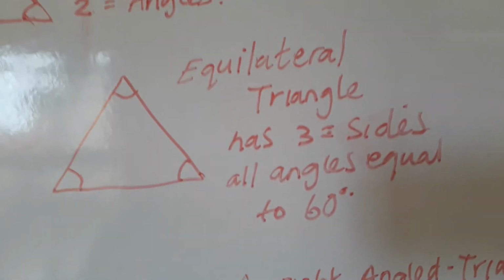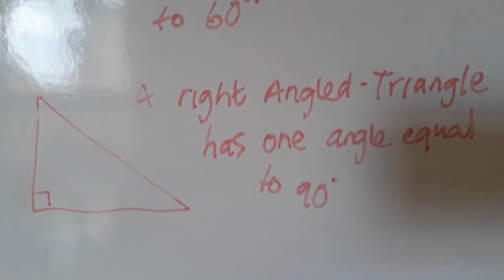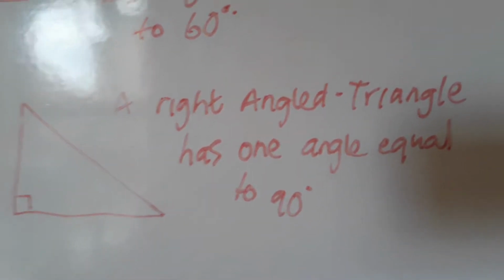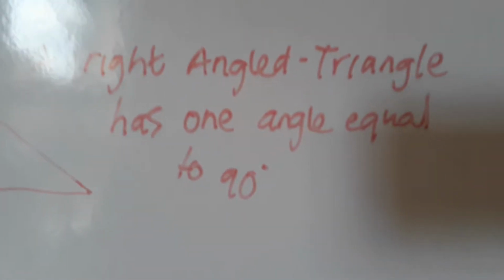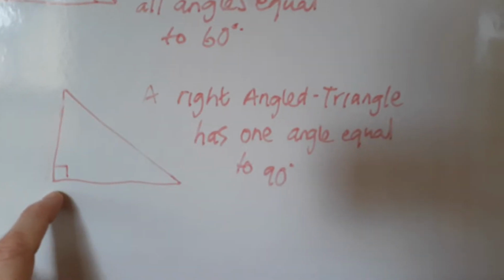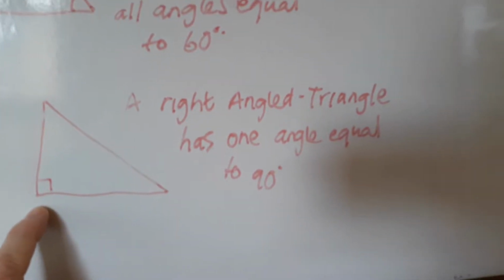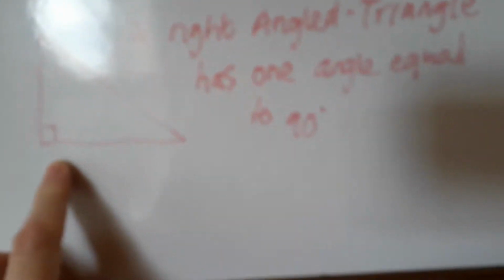Then we have a right angled triangle, which has one angle of 90 degrees. So that is that one.